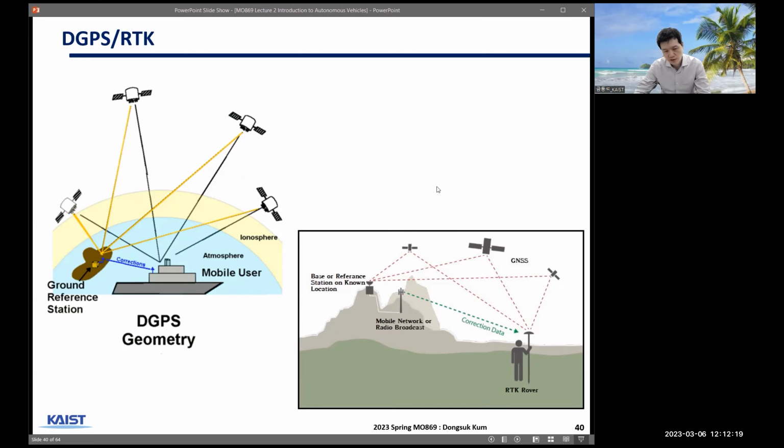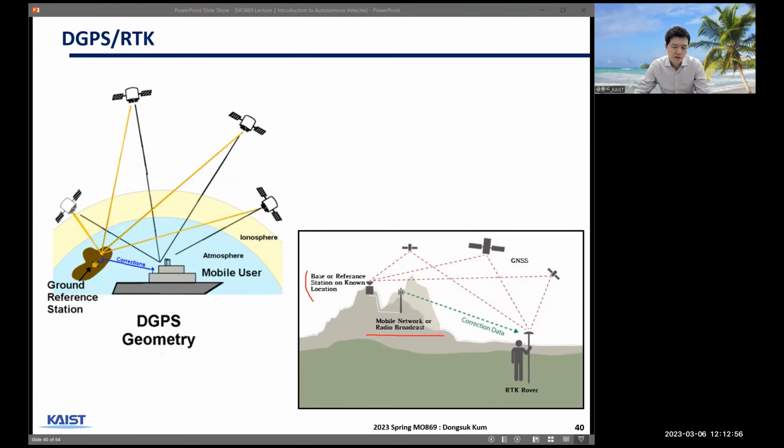But if you use high-end expensive GPS, such as DGPS, differential GPS, and if you also have access to network internet, if you're connected, then you can also correct your position based on this reference position base.